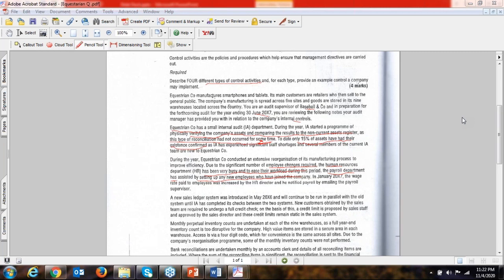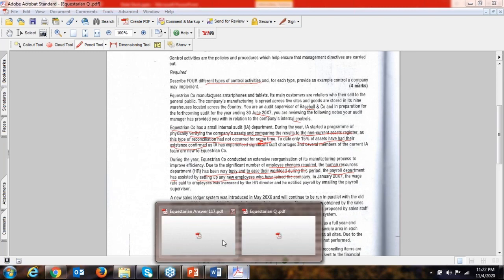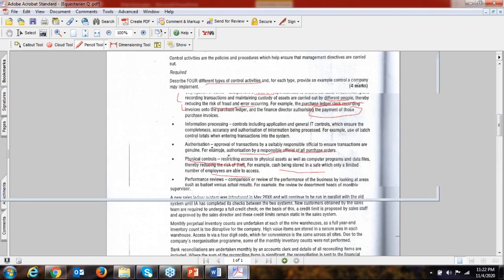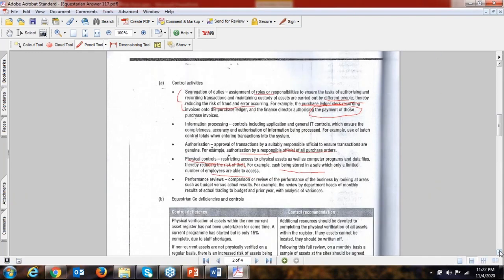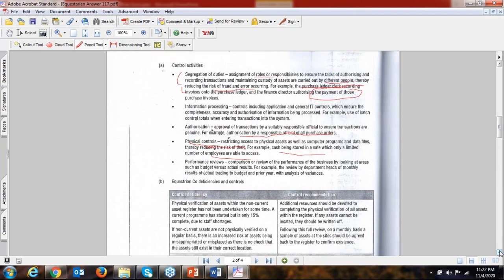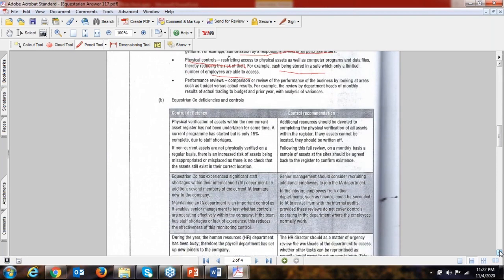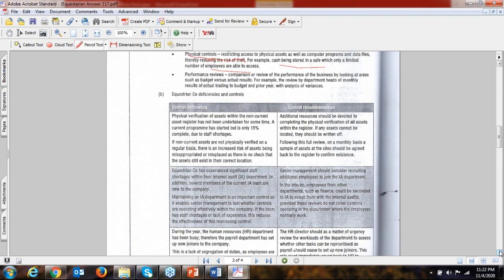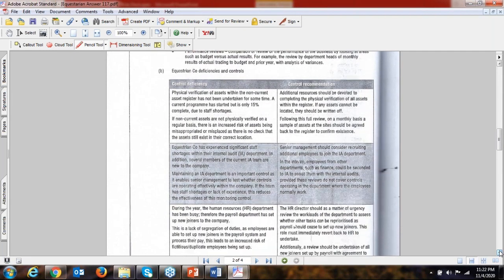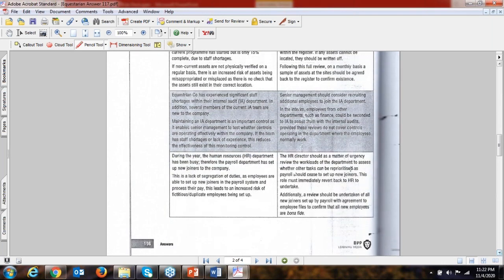Actually, the recommendation is the opposite of the deficiency. So you don't need to think extraordinary. Just see the deficiency and write it down the opposite way.